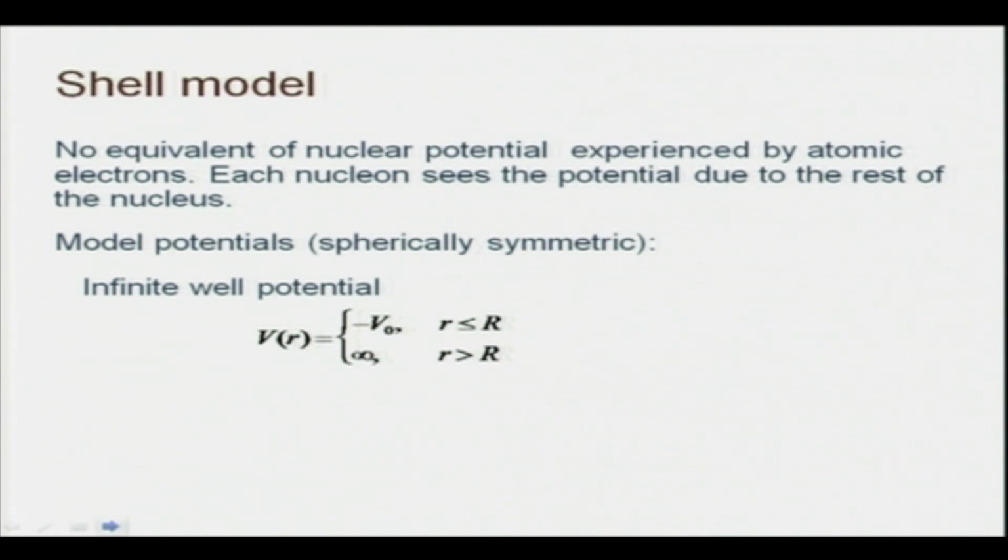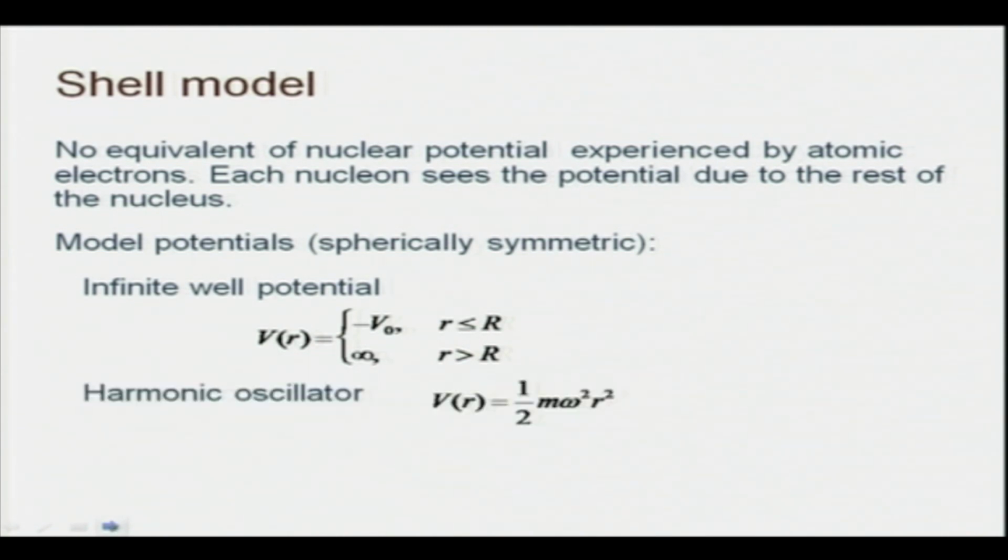It is an infinite well kind of potential, and positive, so it is not attractive beyond that. This is certainly a toy potential, and you can work out the energy spectrum.